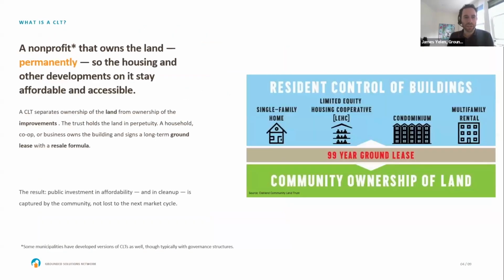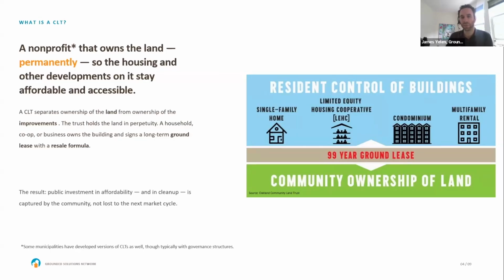So at its foundation, the Community Land Trust model is a nonprofit that holds land permanently to ensure public benefit of various kinds. And that public benefit can take a lot of different forms. It's most often used for affordable housing and particularly affordable home ownership, but it's not limited to that use. We see land trusts stewarding rental properties, cooperatives, worker cooperatives, community gardens, open space.